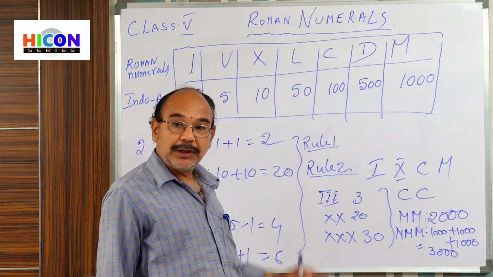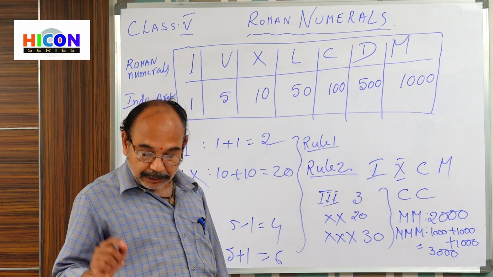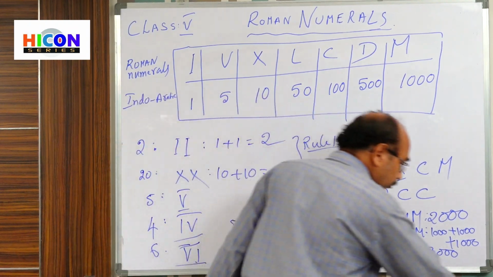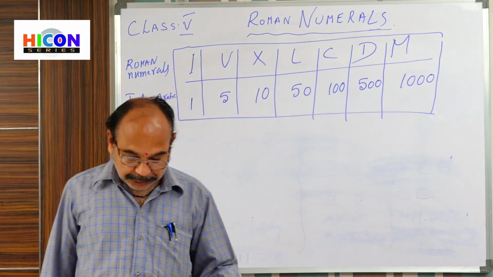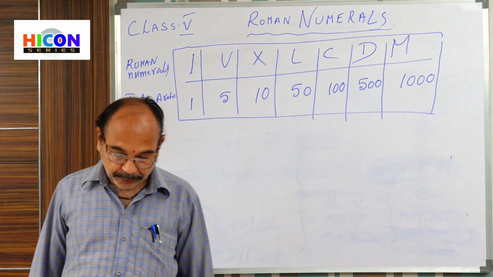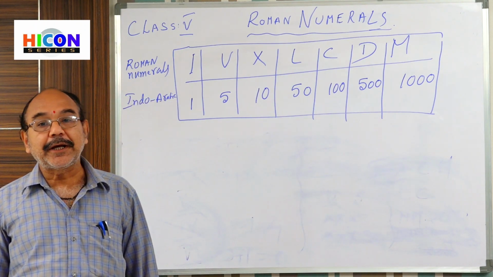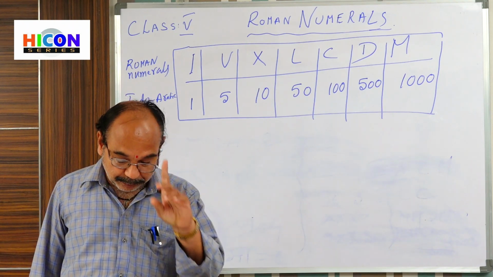Maximum 3 times only we have to repeat these. That is what is mentioned in rule 2 in your book: symbols I, X, C, M can be repeated 3 times.